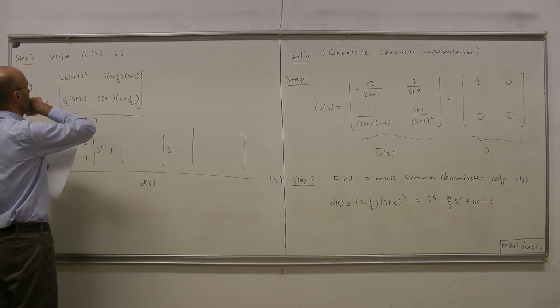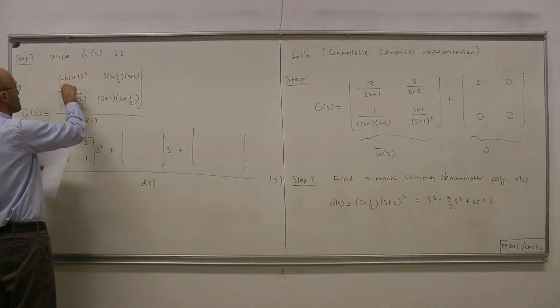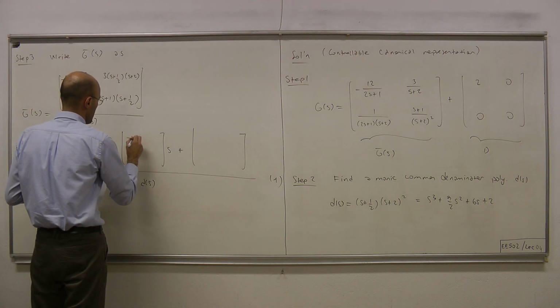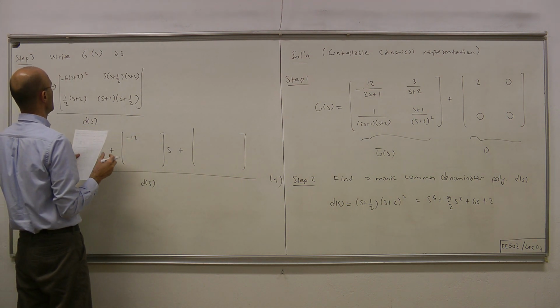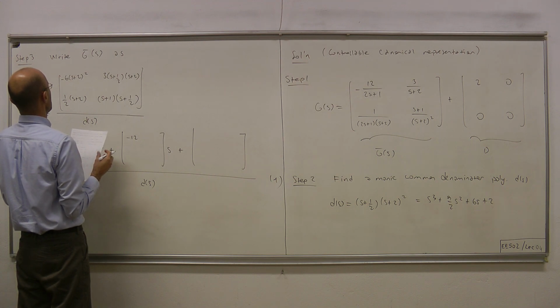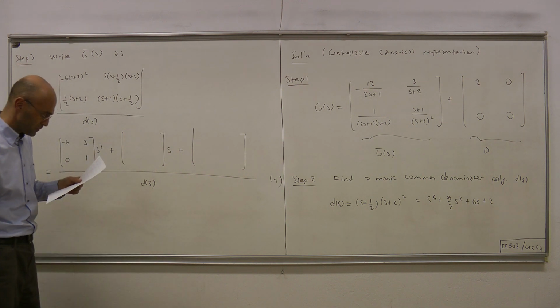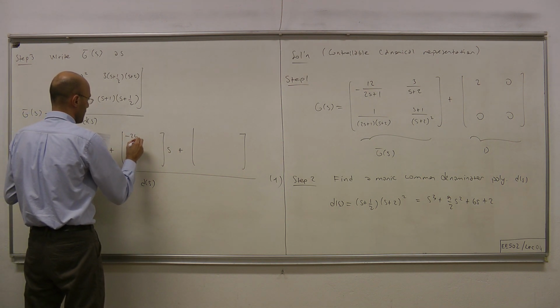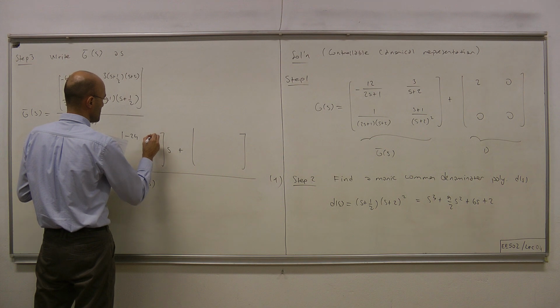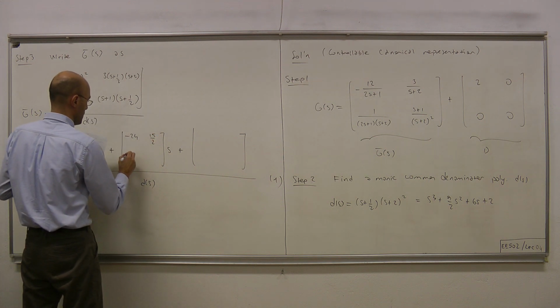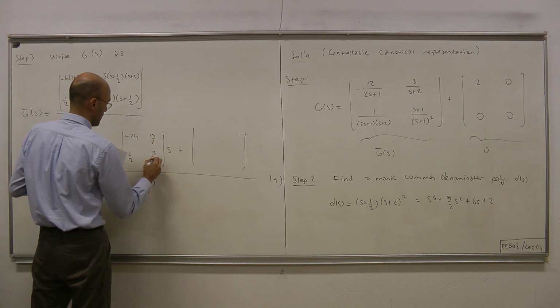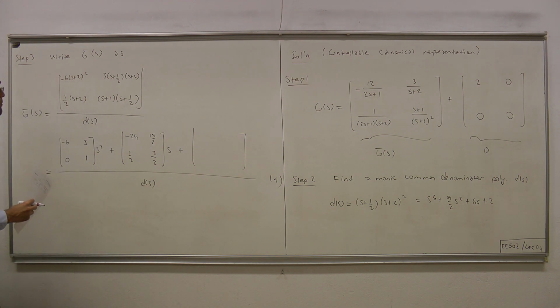For the s's, you have what? Here we have 4s times minus 6, minus 24. Okay, then the rest is 15 over 2, 1/2, 3 over 2.